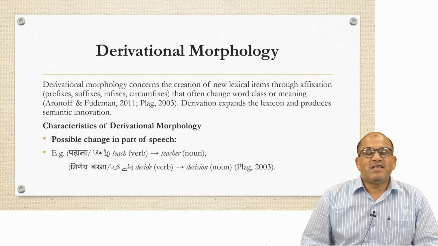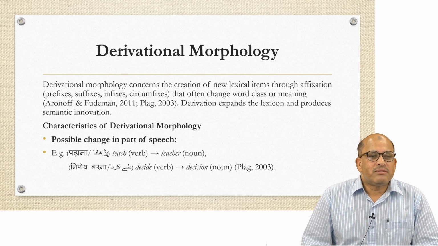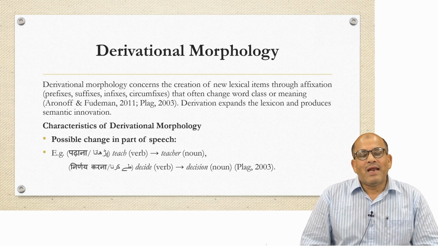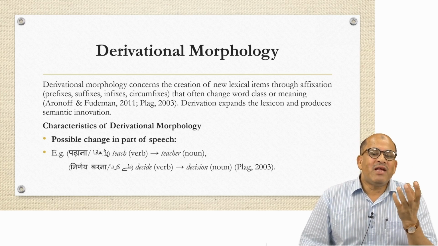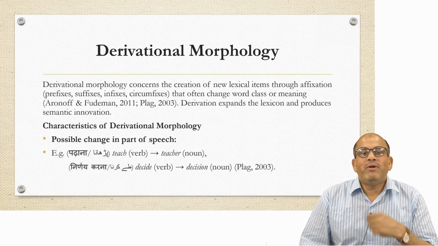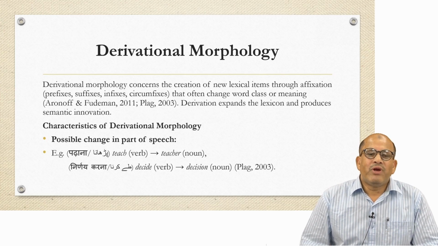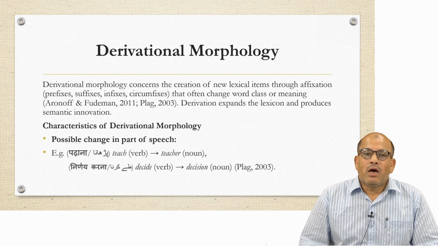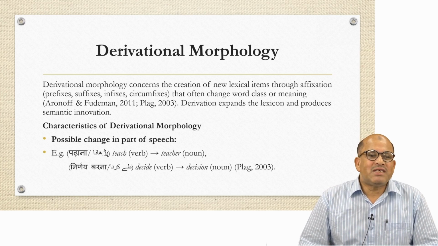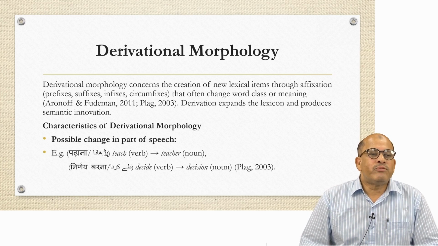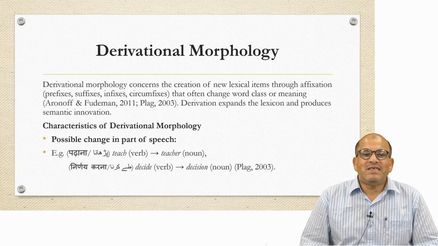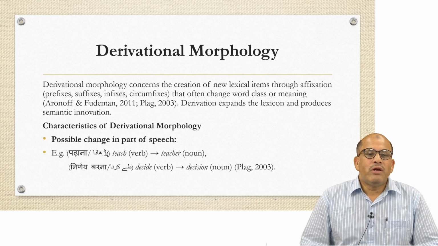Coming to the derivational aspect of morphology, derivational morphology concerns the creation of new lexical items. A lexical item is basically a vocabulary item or word, in simple form. Linguistically, we call them lexical items, created through affixation, and as I said earlier, that includes prefix, suffix, infix, and also circumfixes, that often change word class or meaning.